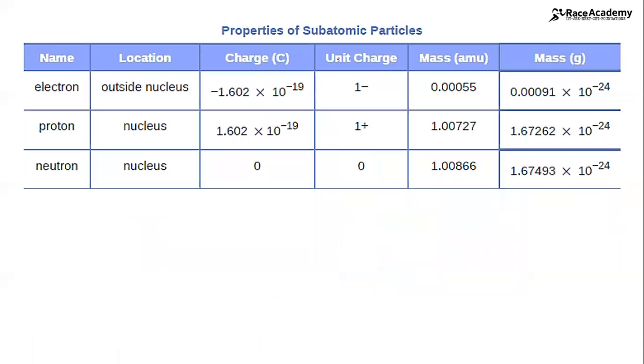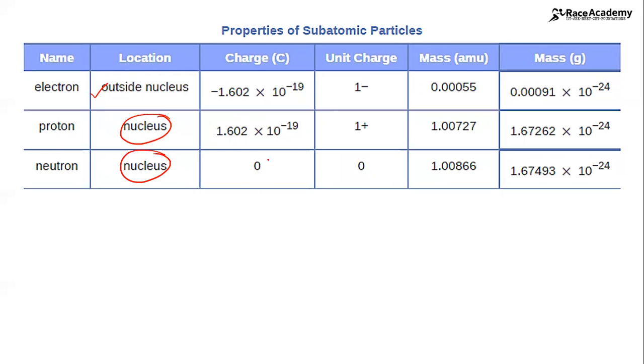Let us see the properties of subatomic particles. The electron has a minus unit charge, its mass in atomic mass units is 0.00055, and its mass in grams is 9.1 into 10 to the power minus 28 grams. The proton is present in the nucleus, and the neutron is also in the nucleus. That's why protons and neutrons are called nucleons, and the electron is present outside the nucleus.